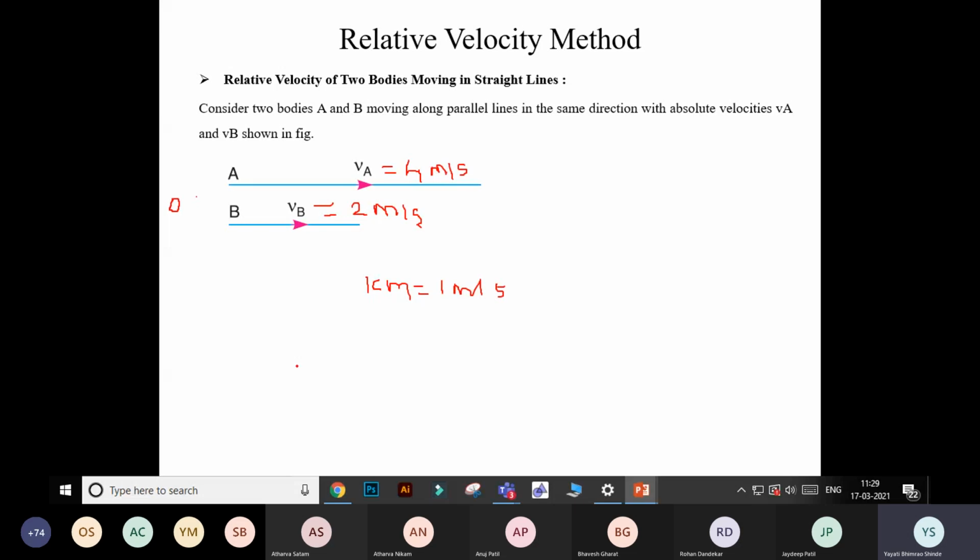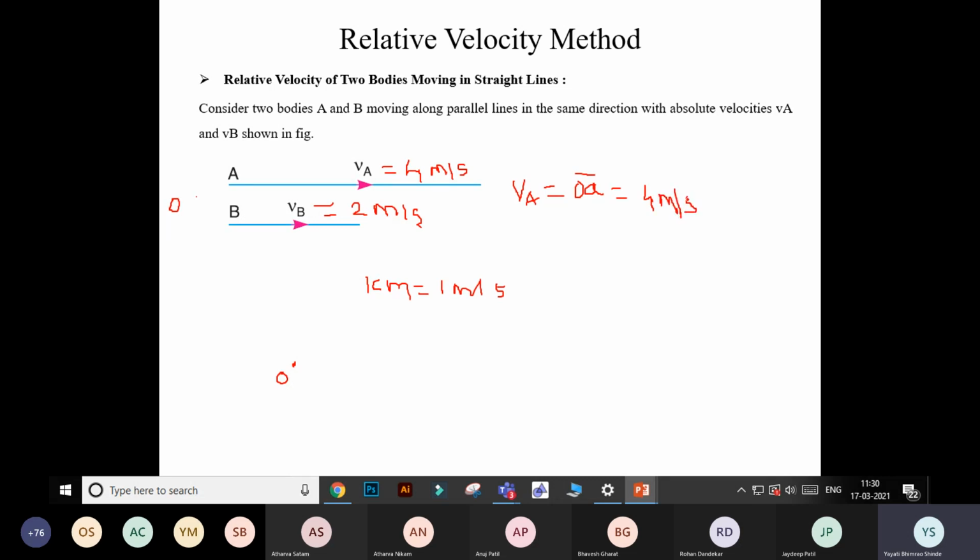See here, first of all you have to locate the fixed point O, see in the figure. From that fixed point O, you have to first draw the velocity A. I will draw here velocity A, which represents the vector OA, and its magnitude is 4 meter per second.